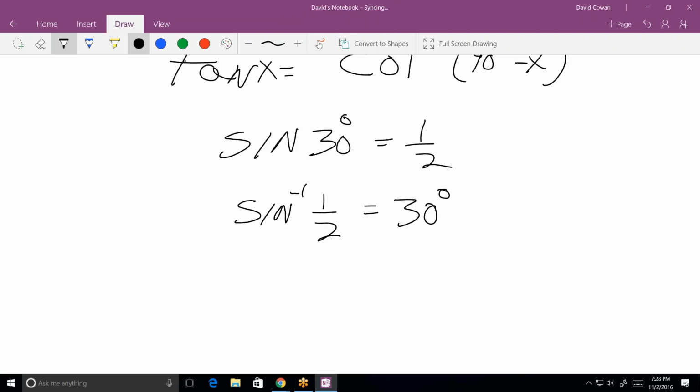And notice what's happening. This is if and only if, but those two things are equal statements. We take trig functions of angles to get ratios, correct? Yes. We take inverse trig functions of the ratios to solve for the angles.